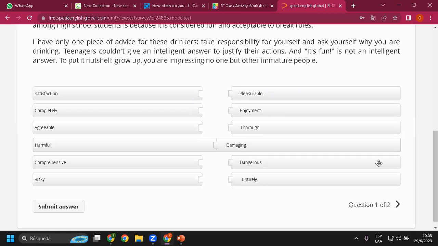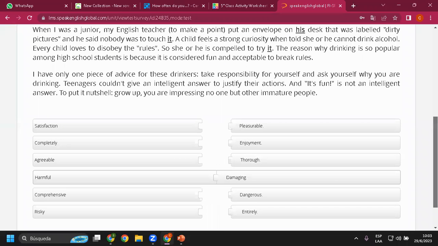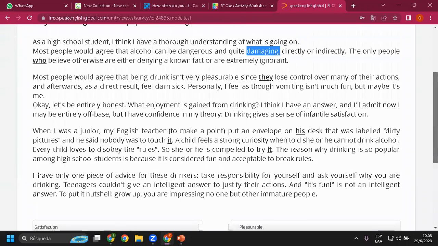So that is what you have to do. You have to match these words with the other ones, trying to check which one has the same meaning. To understand the meaning of these words, you can read the paragraph, and when you find the words, you can see the meaning.